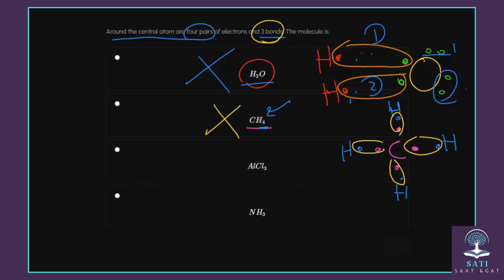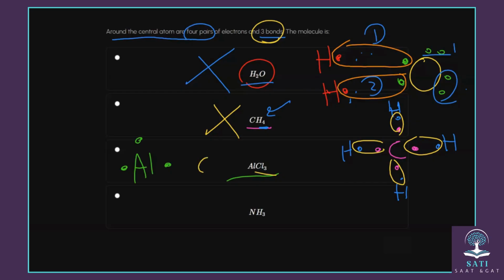Okay, we go to this one here. Aluminum is in group 13, and it has 3 valence electrons. So we write aluminum with 3 valence electrons. Now, chlorine, as we know, has 7 valence electrons.